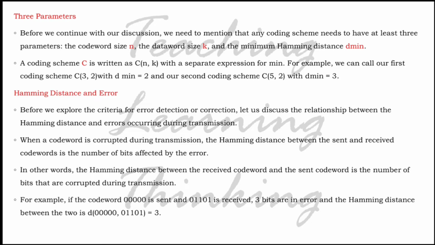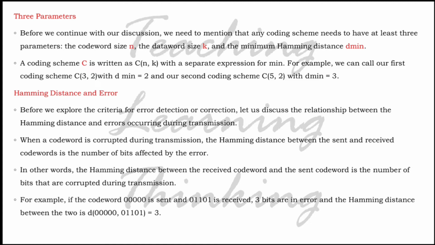Next thing is the three parameters. Before we continue our discussion, we need to mention that any coding scheme needs to have at least 3 parameters: the code word size n, the data word size k, and the minimum Hamming distance dmin.